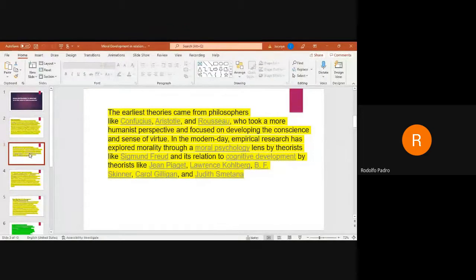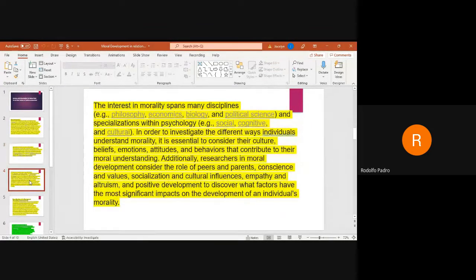Next is Carol Gilligan and Judith Smetana. Now let's proceed. We will be discussing all of them here.